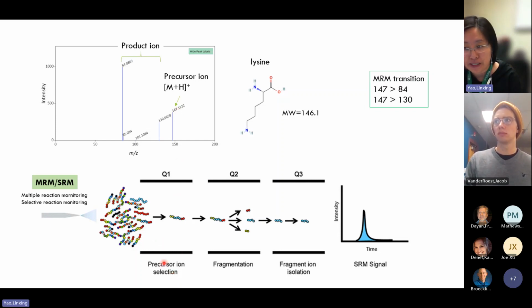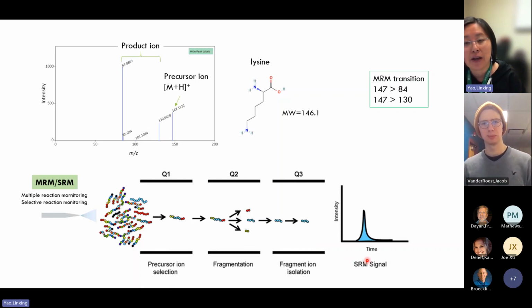Then this specific precursor ion 147 is fragmented in the collision cell, and the generated fragments are transferred to the third quadrupole, which selectively detects the product ions of your interest. In this case, for lysine, it will be 84 and 130.